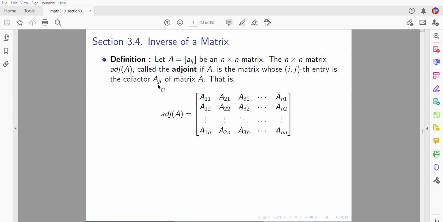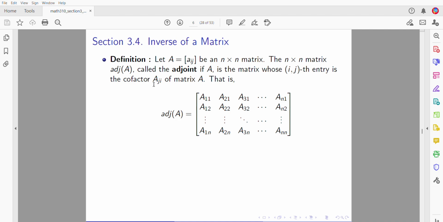Notice the change in index: the ijth entry will be the Aji cofactor of matrix A. So you see, notice this is A21, this is A31, right? It's like a transpose or something, but that's called the adjoint matrix.